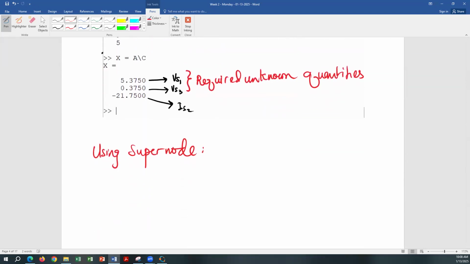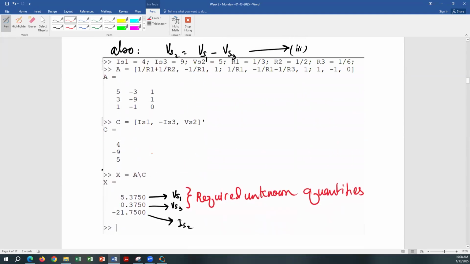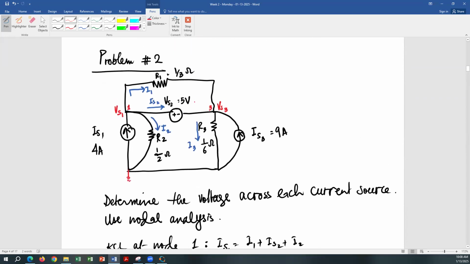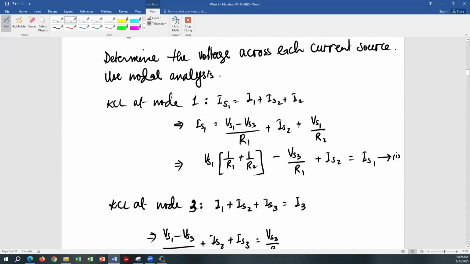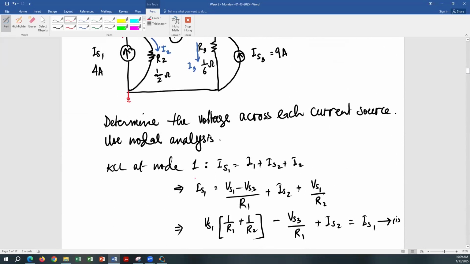Okay, so for supernode, what we're going to do, we're going to ignore that branch momentarily, and we are going to write down the KCL equation at node 1 and at node 3 in the same equation. It is basically coming from here.